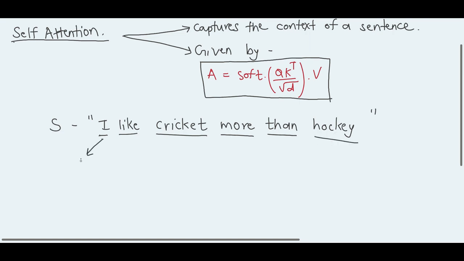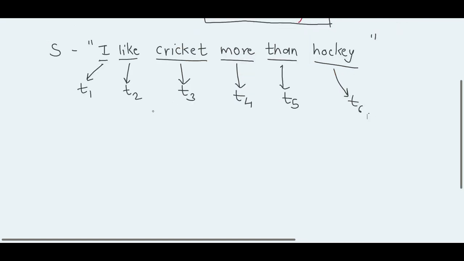Each token will be represented by the letter T, suppose. So we have T1, T2, T3, T4, T5 and T6, 6 tokens. Each of the tokens will be converted to numbers. As we all know, computers do not understand letters or words as such.